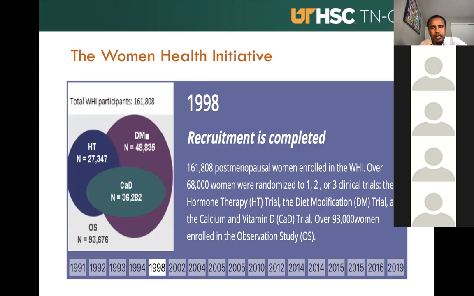It was initiated by the first woman director of the National Institutes of Health, and over 68,000 women were randomized to 3 different clinical trials. The first of those is the hormone therapy trial, then the diet modification trial, and the calcium and vitamin D trial. Over 93,000 women were enrolled in the observational study.